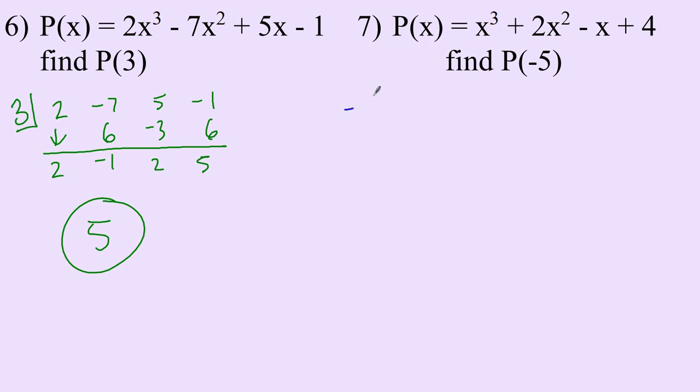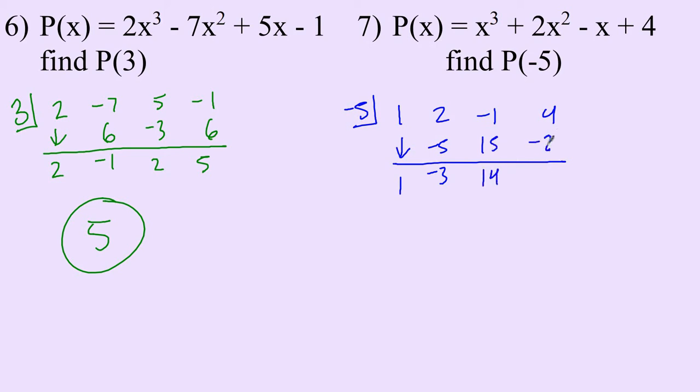Number 7. Multiply, add. Multiply, add. Multiply. Ooh, not 80. What am I doing? Negative 70. So negative 66.